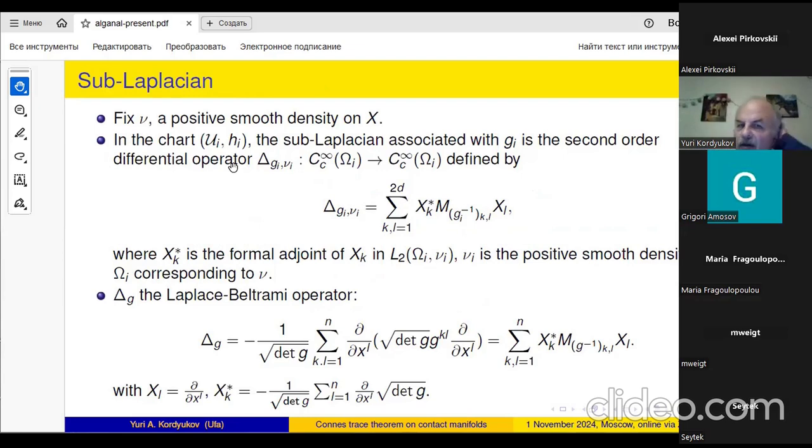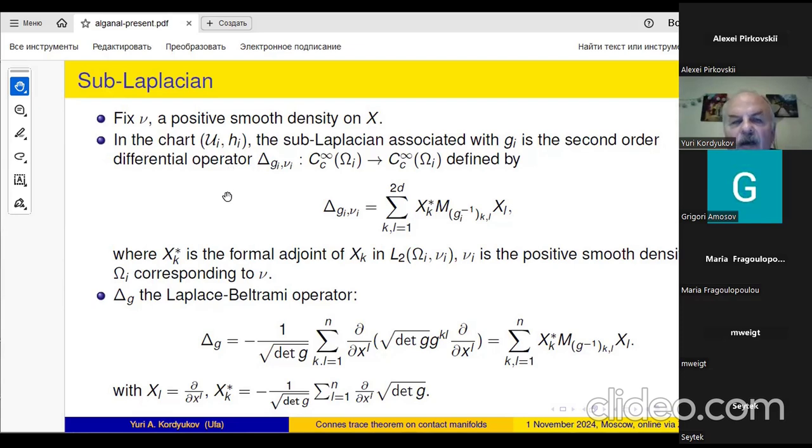But there is one important thing which we really don't have in a sub-Riemannian setting. When we have a Riemannian metric, then we automatically have a Riemannian volume form.